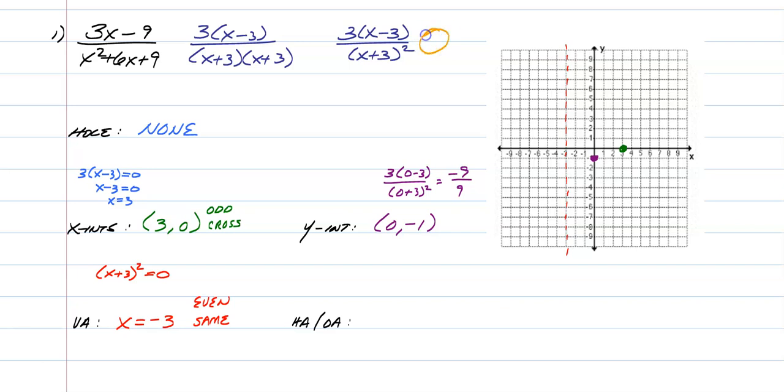Well, there isn't one, which means it is y equals 0. It doesn't mean there's none. It's y equals 0, which is the x-axis, so we're going to put a horizontal dashed line right through the x-axis. Now, I want you to notice there is an x-intercept, which means this is going to be one of those examples where the graph crosses a horizontal asymptote.